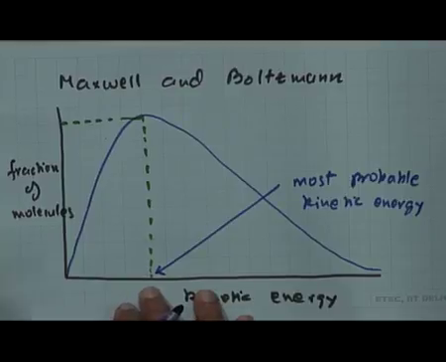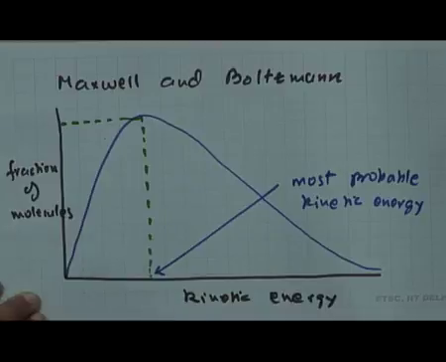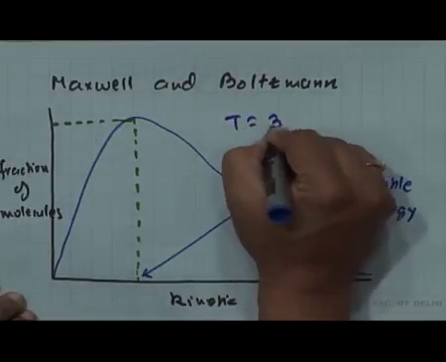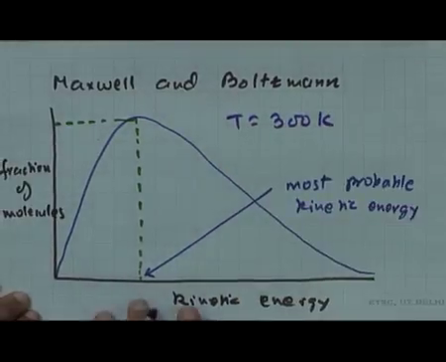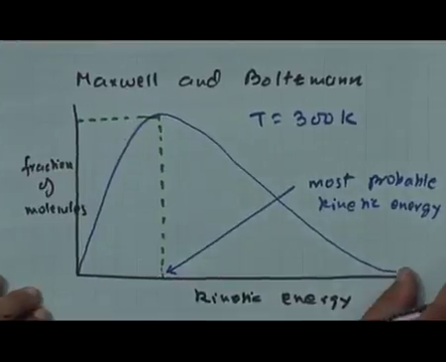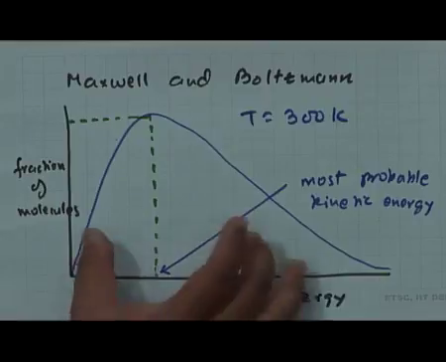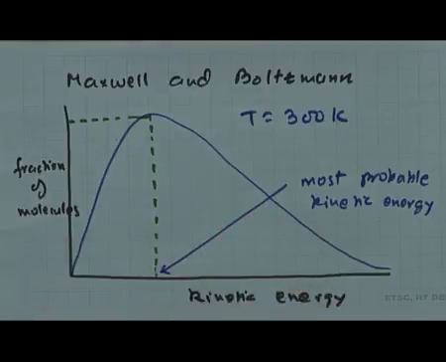But again see that it is not one line, but it is a distribution having a finite width. That means at this temperature, say T is equal to 300 Kelvin, in my system having this many molecules, not every molecule is having exactly the same kinetic energy. There is a distribution of kinetic energies spread over this range. Not only that, the distribution also peaks at a certain point.